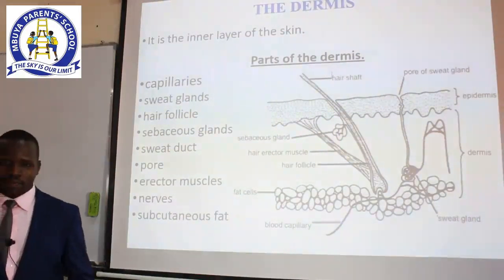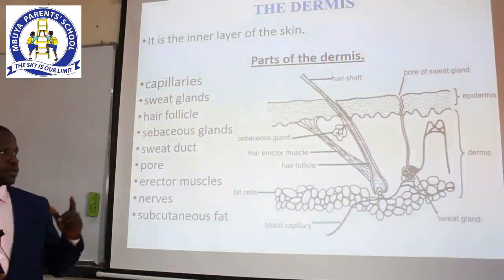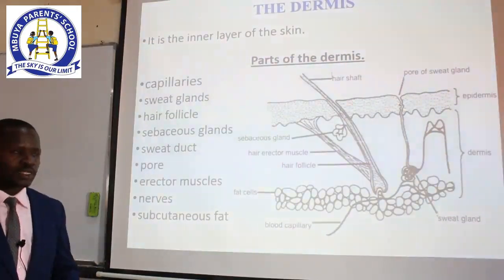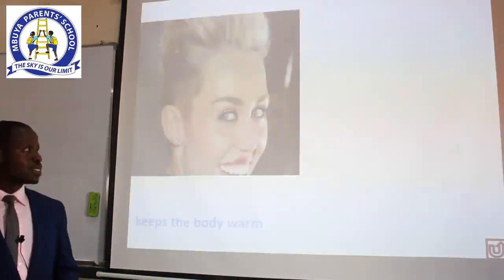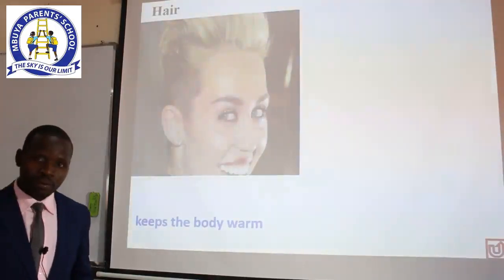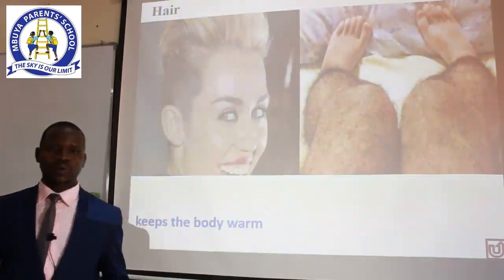Okay, having known the parts that make up the dermis, we are going to move on to know how each of these parts functions. So, what are the functions of these parts? One, let's look at the hair on our body. The hair on our body, we said, grows from the hair follicle.